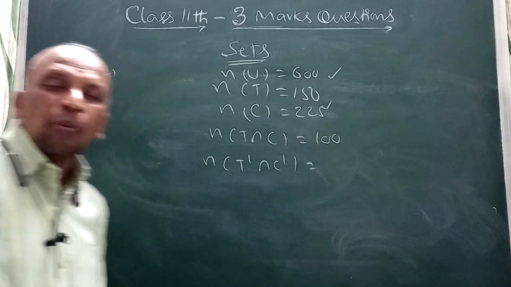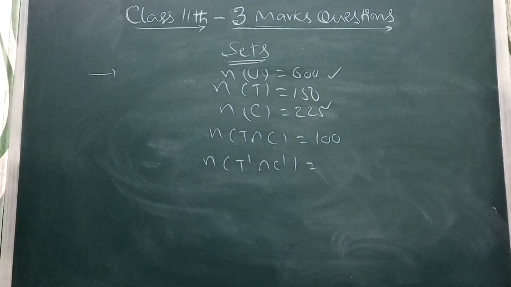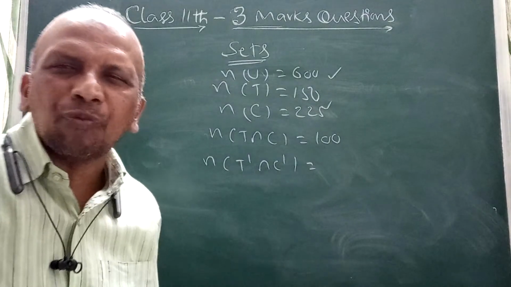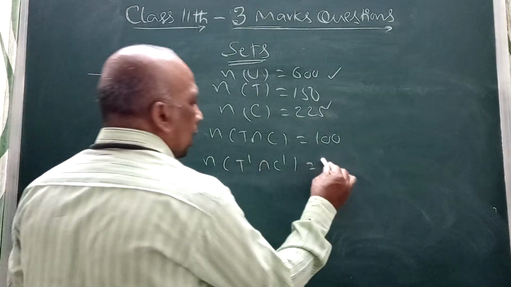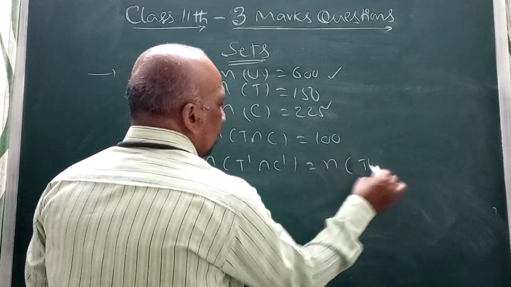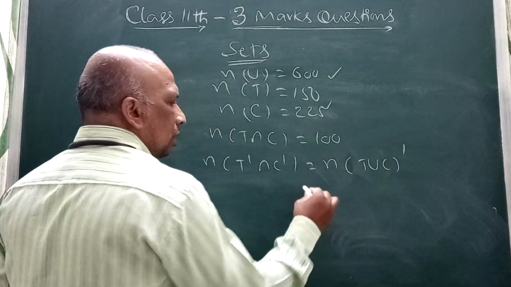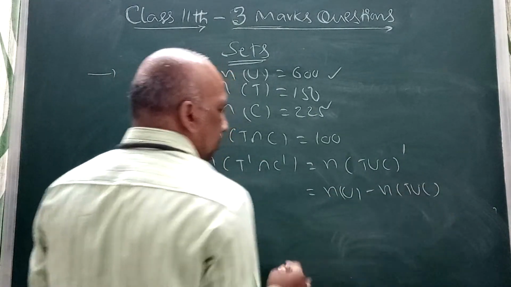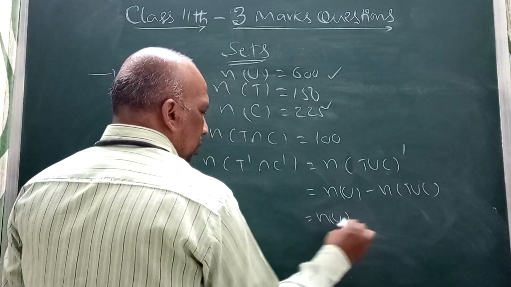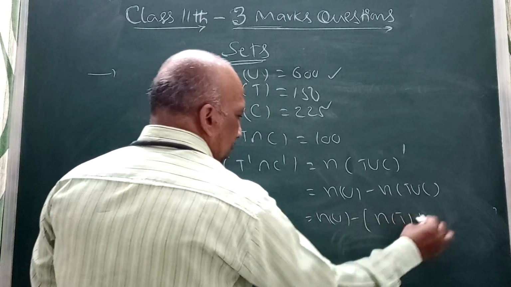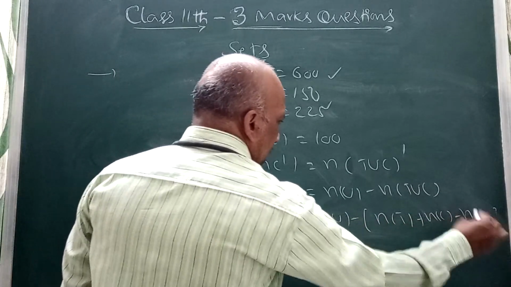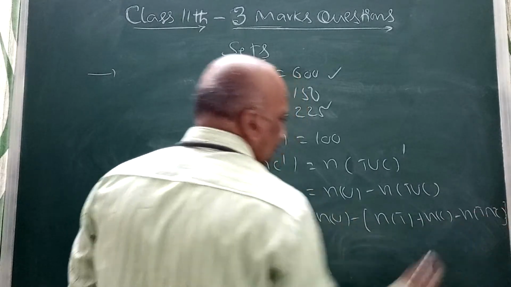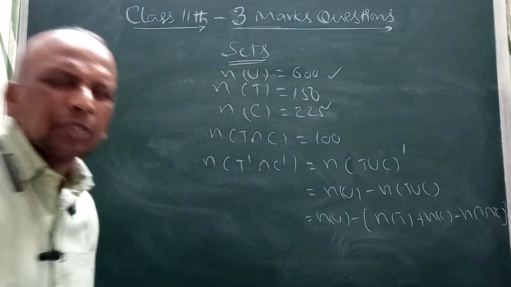Same as the previous problem. What I have done in the previous problem, similar to that. Neither tea nor coffee, they are talking about this. I can write n of T union C complement, right? So n of u minus n of T union C. So n of u minus n of T plus n of C minus n of T intersection C, just like the previous problem.